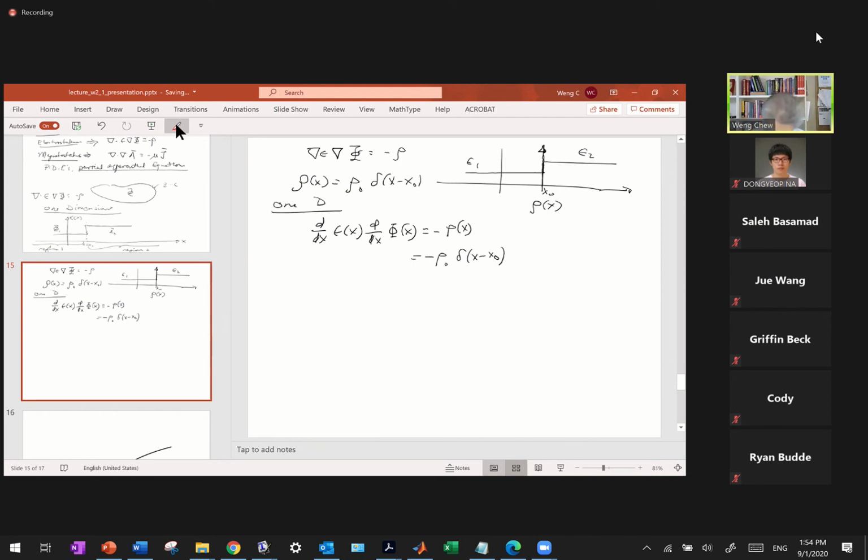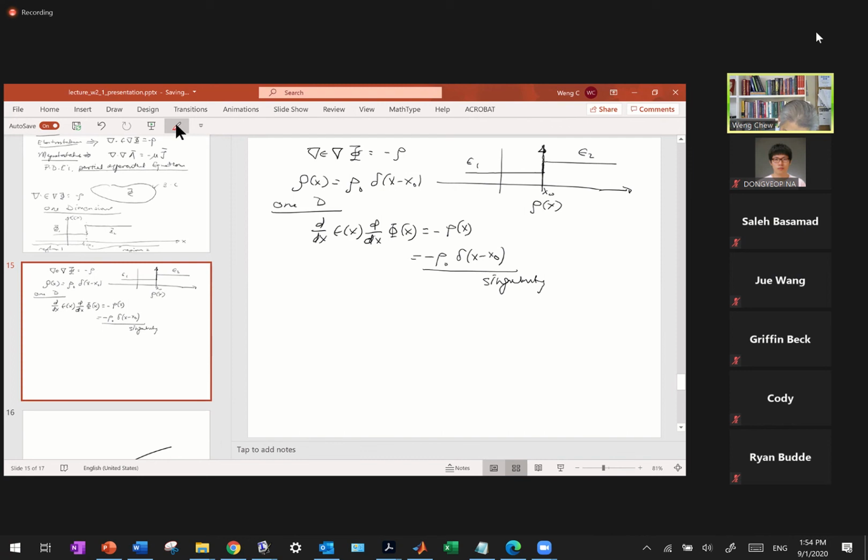We'd like to ask ourselves, what kind of boundary condition does this satisfy at that interface? On the right hand side, we have a delta function singularity, so on the left hand side, a singularity must emerge.